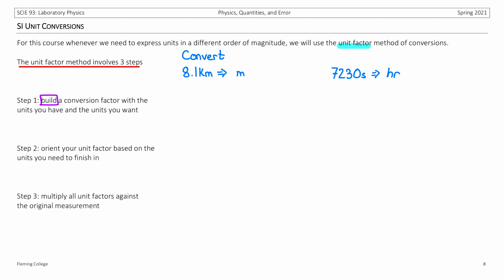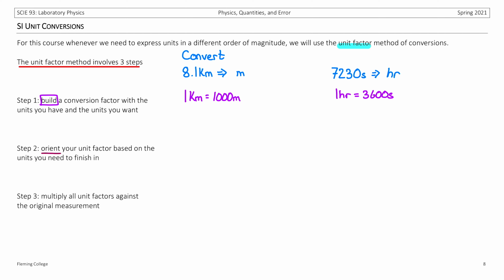So in the first problem, we have kilometers, and we know that for every 1 kilometer, that's equal to 1,000 meters. It's usually very useful to take one of the larger unit and many of the smaller unit. In our second example, we know that for every 1 hour, we have 3,600 seconds. Again, if this isn't a conversion you have memorized, it's okay. That one will be on your formula sheet.